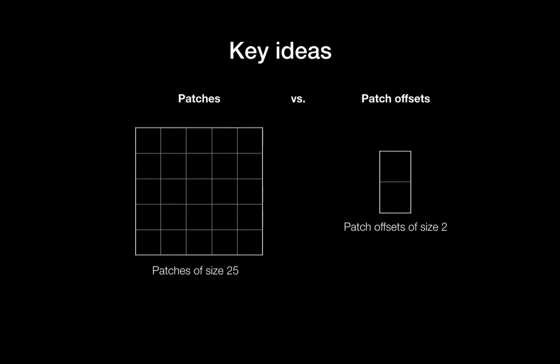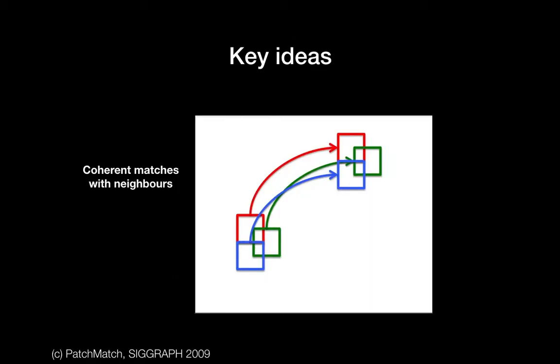Now, PatchMatch proposes the following interesting ideas. Instead of matching the patches, you just match the offsets of the patches. I'll explain what it means in a couple of minutes.